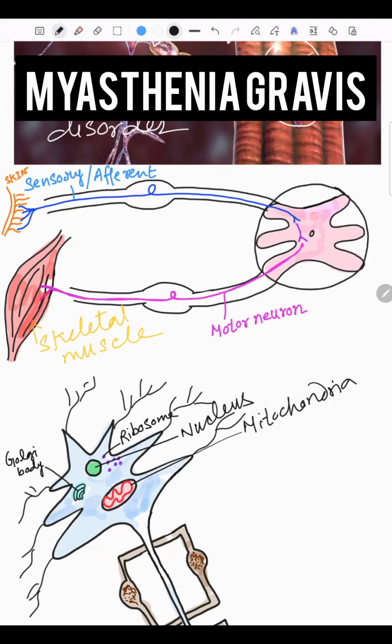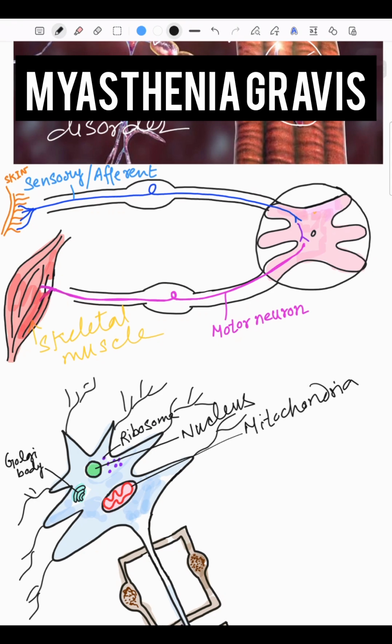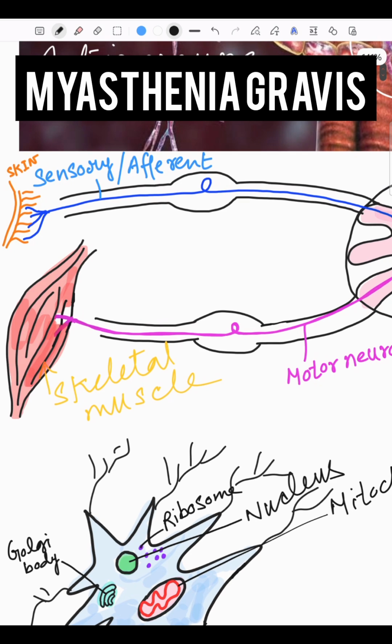The reflex arc helps maintain balance, posture, and protect the body from harm. A reflex arc begins with sensory receptors. We can see that the receptors are present on the surface of the skin, and receptors are nothing but specialized nerve endings.